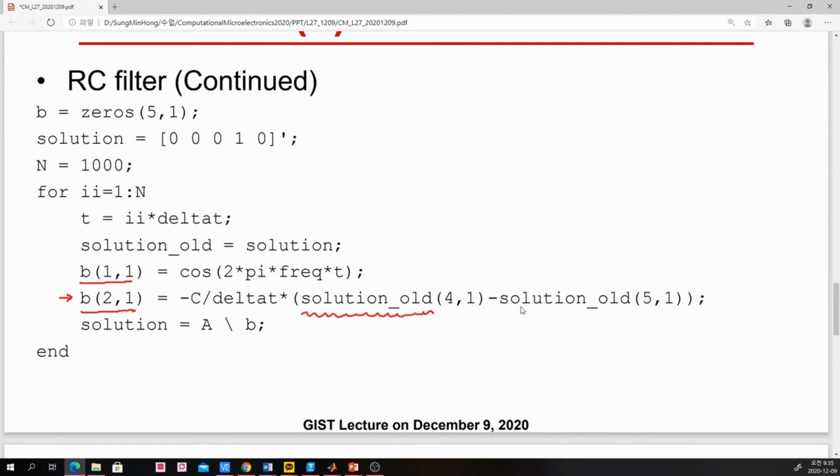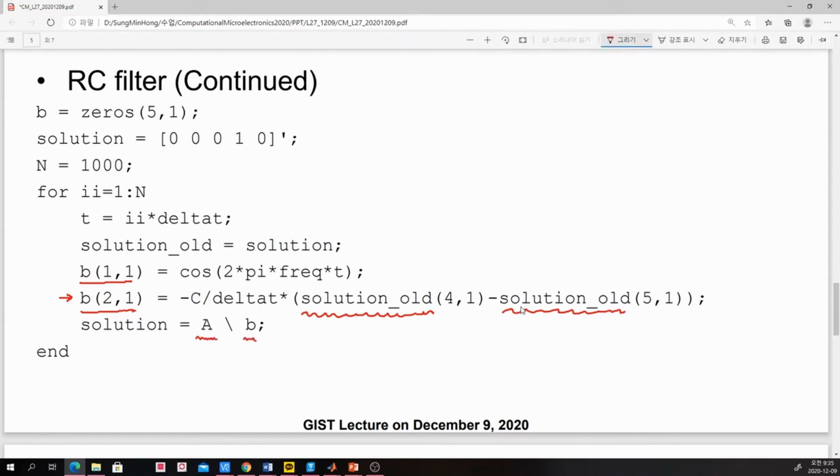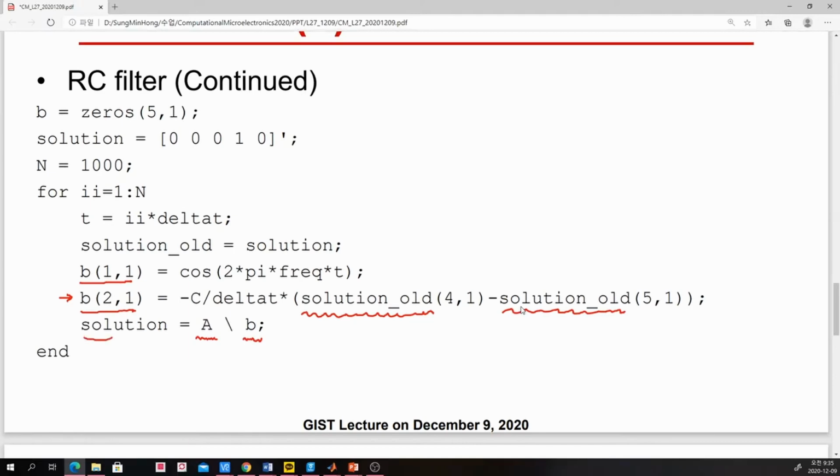Here old solution means the previous solution. So from the previous solution we can construct a modified residue vector, and by solving this modified system matrix and modified residue vector, then we will get the solution.